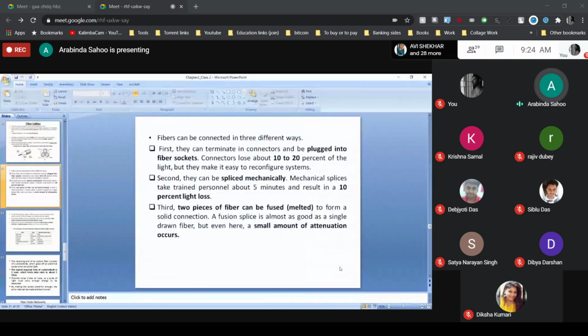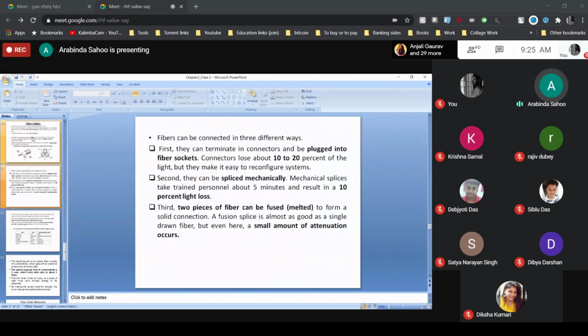And the third is that two fibers can be fused or melted to form a solid connection. In this case the light loss is very low, a small amount of attenuation occurs.